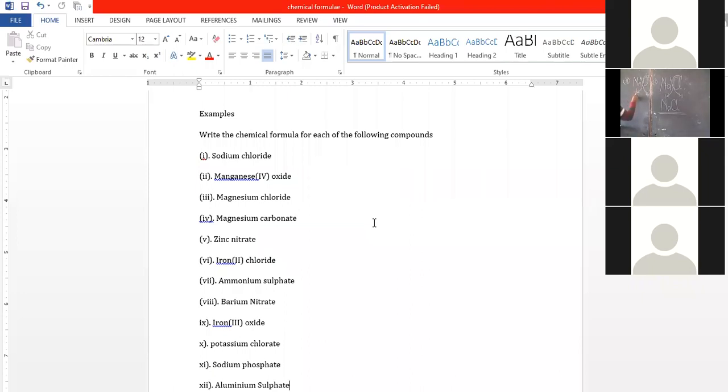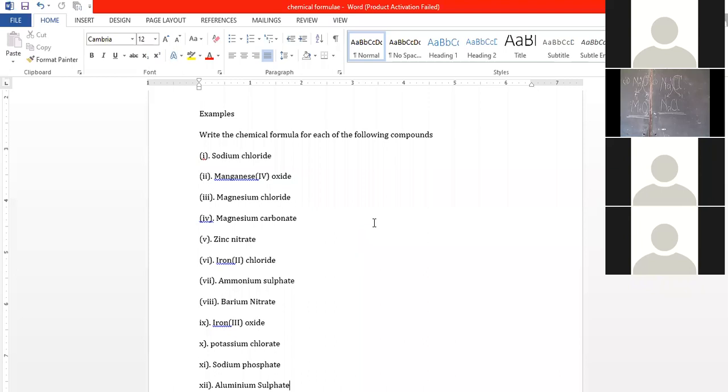So by 2 this gives me 1, by 2 that gives me 2. And that means I'm going to now write my formula, which is Mn, we don't write 1, O has 2. I'm sure we'll come across that when we are preparing oxygen, manganese 4 oxide, and you wondered why we wrote it like that. So I hope that answers your question now.